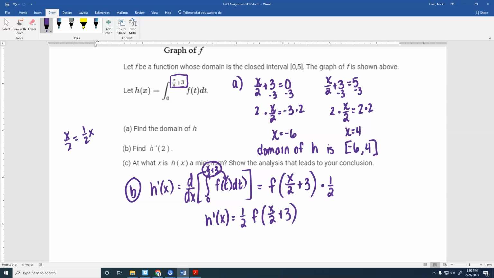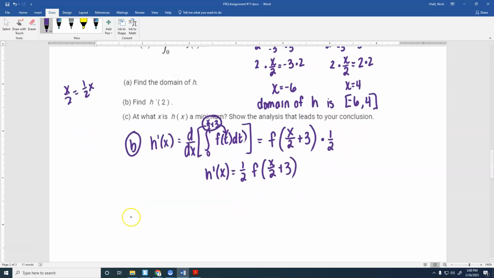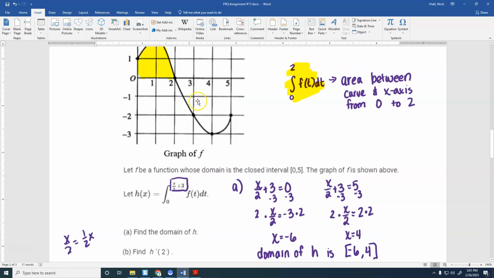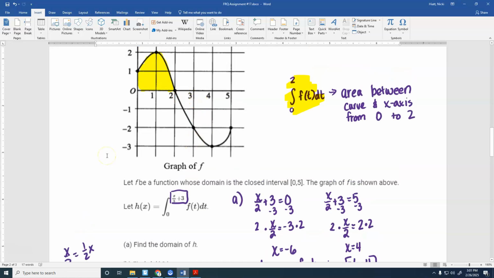They asked us to evaluate this at 2, so h prime of 2 is going to be 1/2 f of 2 over 2 plus 3. And 2 over 2 plus 3 is 1 plus 3, which is 4. So we got 1/2 f of 4. How do we find f of 4? Chart. So if we go up here to the graph, what is f of 4?